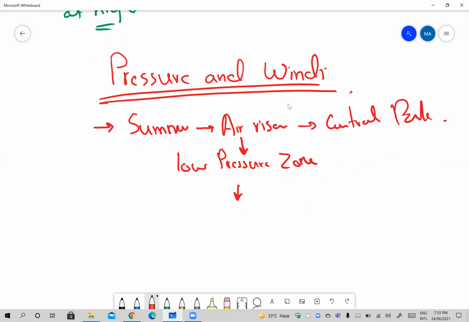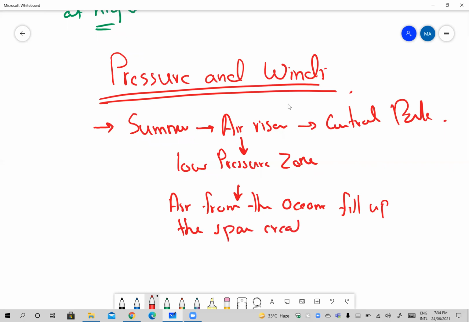So air from the oceans fills up the space created over the land.